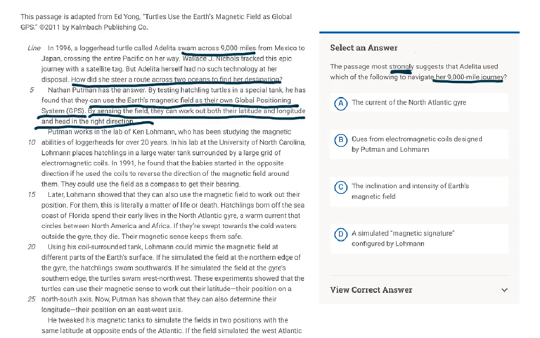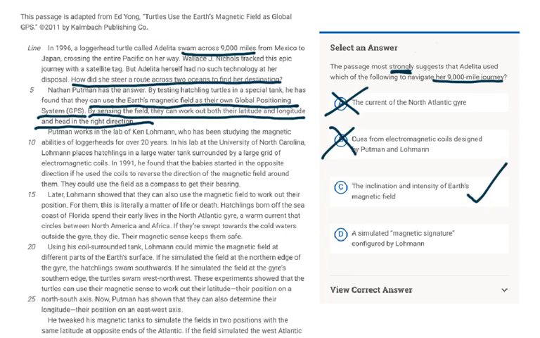Okay, let's read A. The current of the North Atlantic gyre, I don't know what that word is. Doesn't matter. It's not the answer. Okay, it's not talking about magnetic fields. Cues from electromagnetic coils designed by Putman and Lohmann. Okay, this says electromagnetic, but we're talking about electromagnetic fields, so that's not going to be correct. The inclination and intensity of Earth's magnetic field.